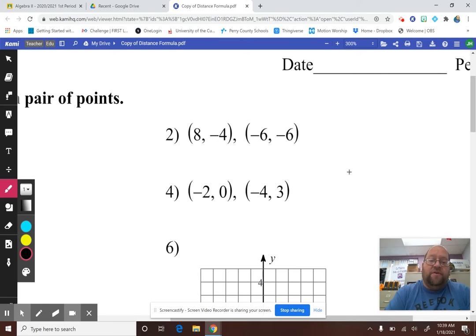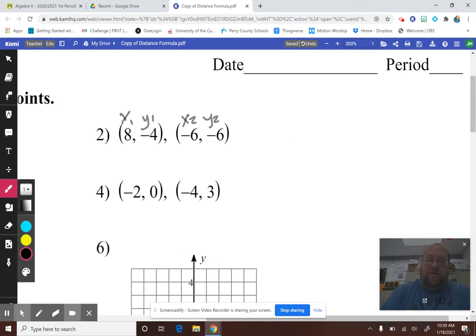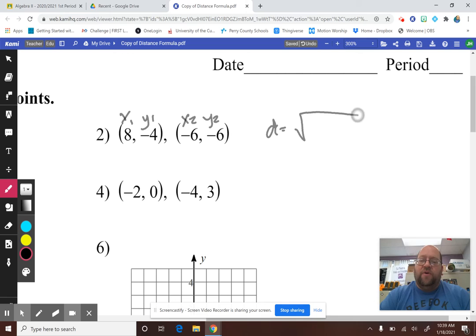So first thing I'm going to do, I'm going to go ahead and label my points. X1, Y1, X2, Y2, okay? And again, just to help me remember every single time, I'm going to go ahead and write my formula out. So I've got D equals the square root, big old long one, that way you've got plenty of room to do that.